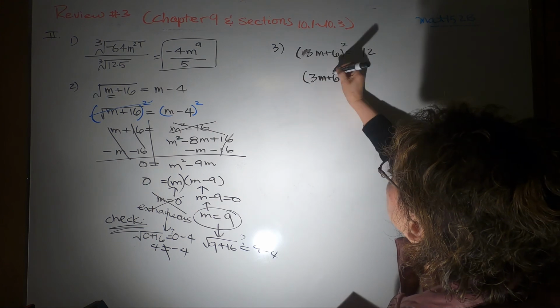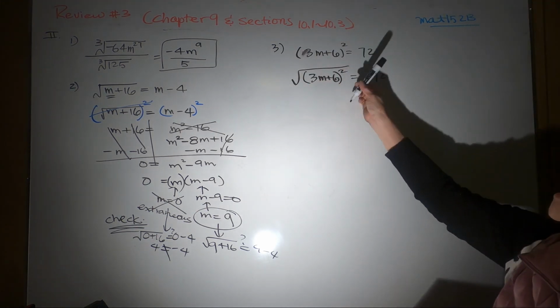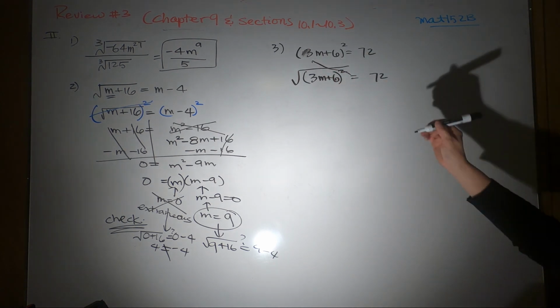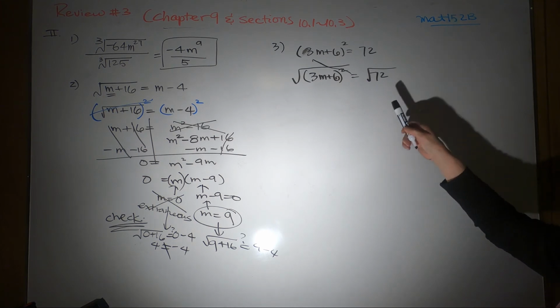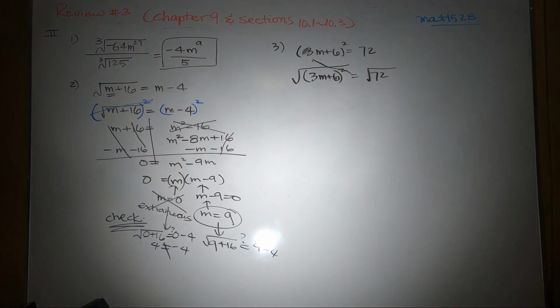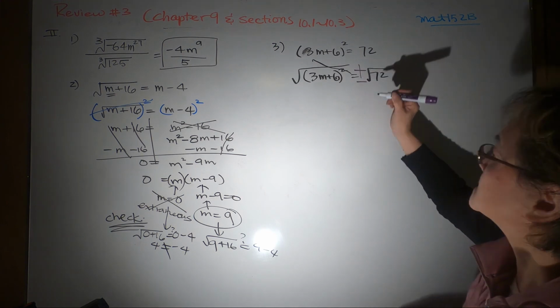Because that's a square. Then if you take a square root, those will cancel out, right? So you take a square root. However, you will always forget about something when you do the square root property. Okay? You will have a plus minus sign there.